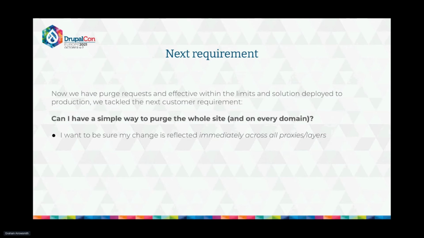CDN providers may provide a unique key for a site. When you configure a property or a domain and its cache configuration, you may get an identifier. In the case of Akamai, you get CP codes. What we wanted to avoid was needing to synchronize keys and data with Drupal and keep the orchestration happening at the Drupal layer.